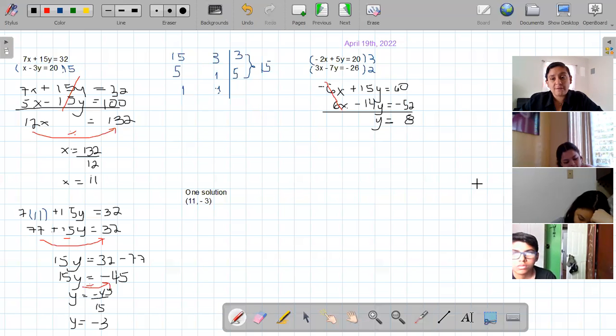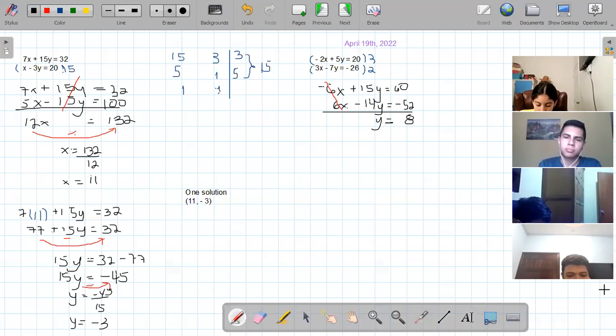I'm going to substitute that value in one equation. Which equation? It doesn't matter, the equation that you want. So in what equation are we going to substitute that 8? The first one. Okay.